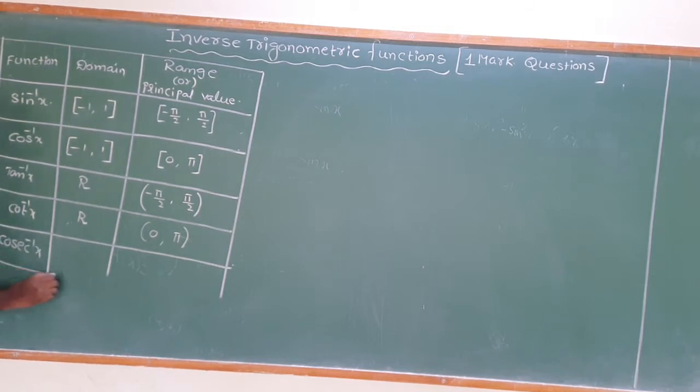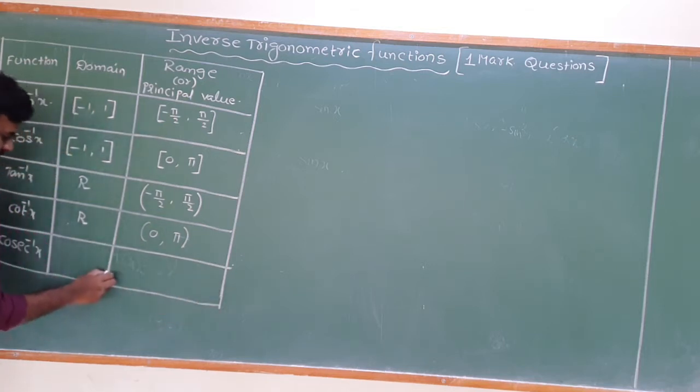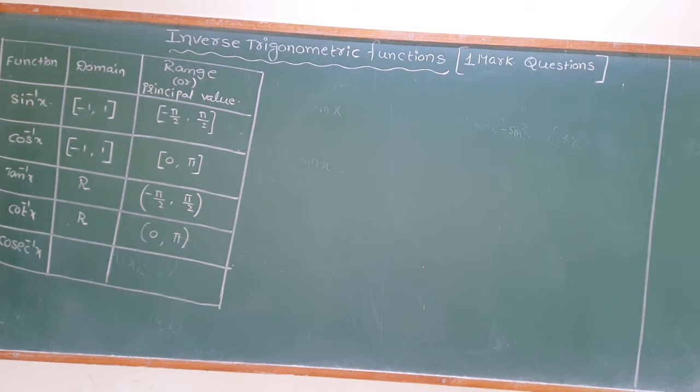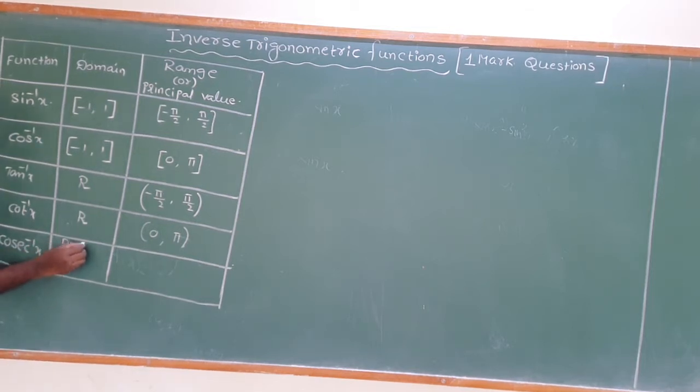Next, cosecant inverse x. So what is the domain of cosecant inverse x? The domain you can write as all real numbers except -1 to 1, or you can write x less than or equal to -1 or x greater than or equal to 1.